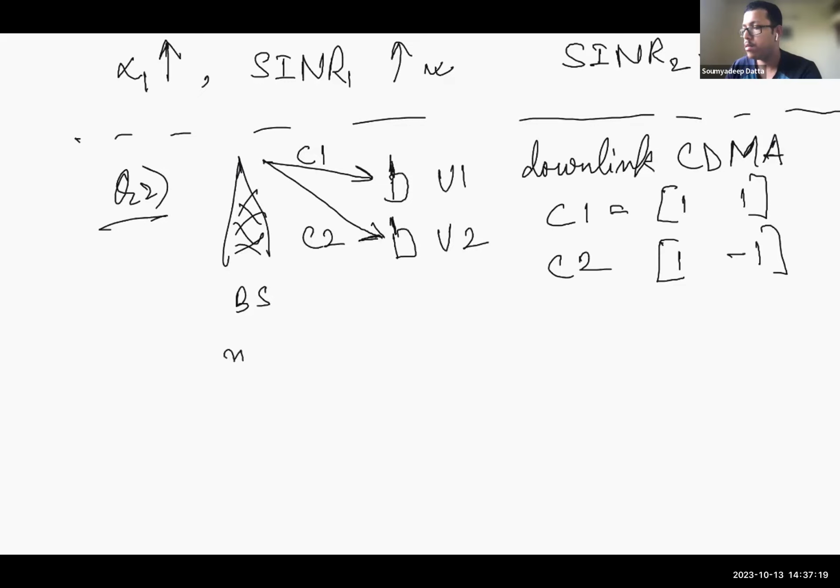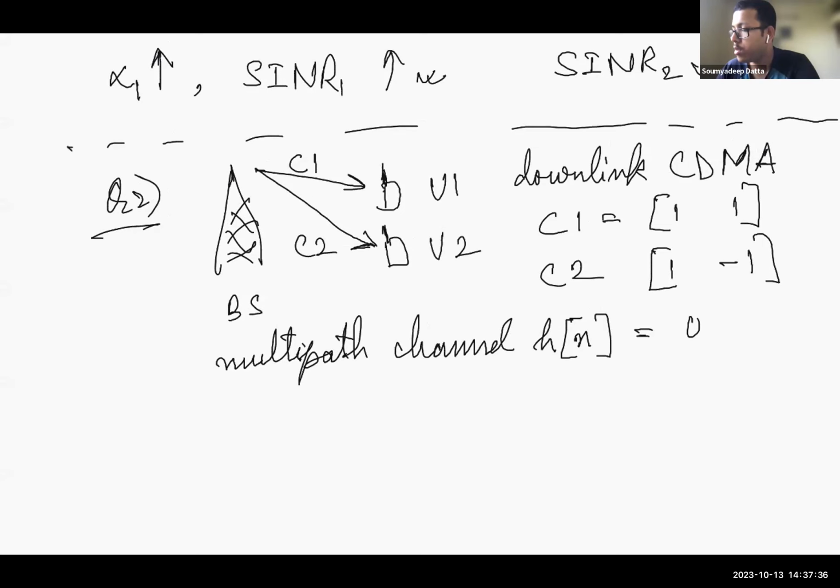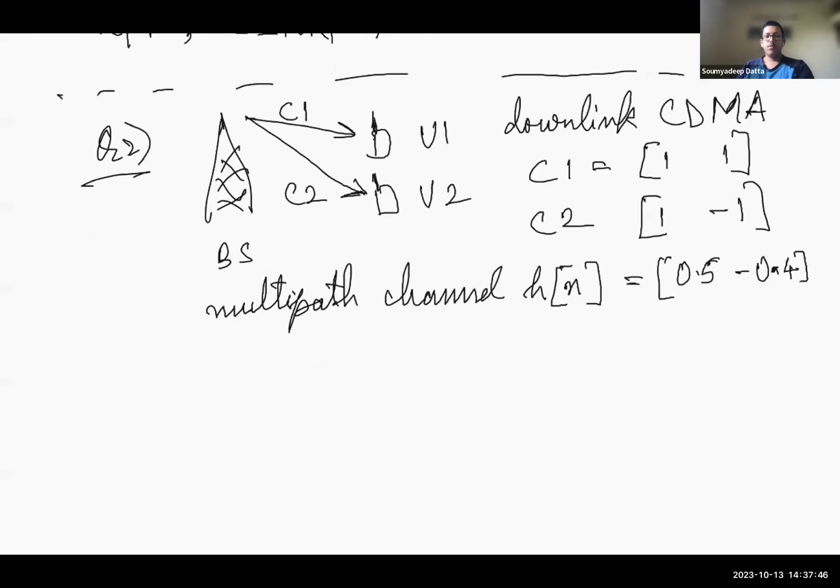The channel is given in time domain representation, something like 0.5 and minus 0.4. It is a two-tap channel. You have a channel which behaves like this.